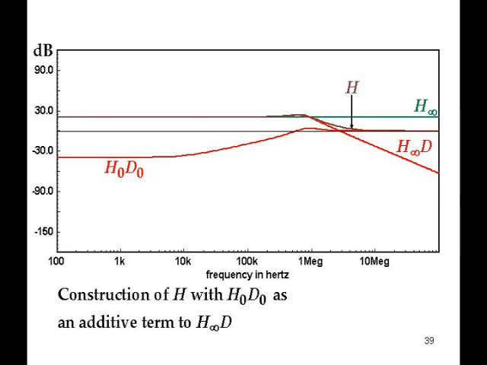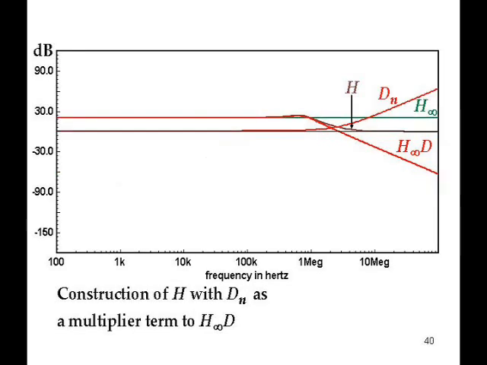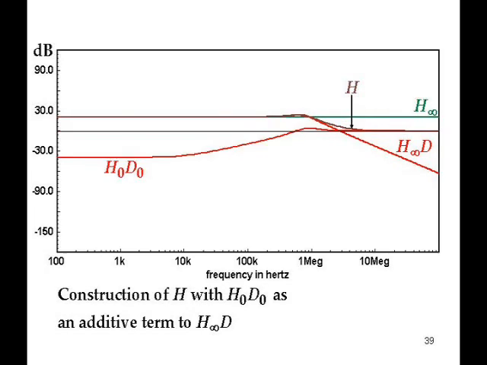H is the sum of the two red lines. And here's the multiplier term representation. H infinity D is multiplied by Dn, which is a direct addition on the log scale. And that causes the closed loop gain to level off as well. And if I go back to the previous one, you see that the H is identical in both cases. It's just that one is modified by an additive term and the other is modified by a multiplier term.